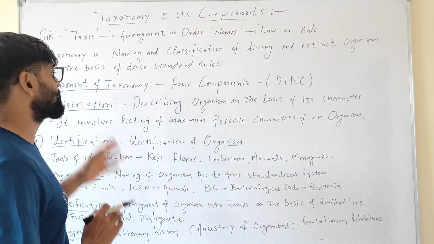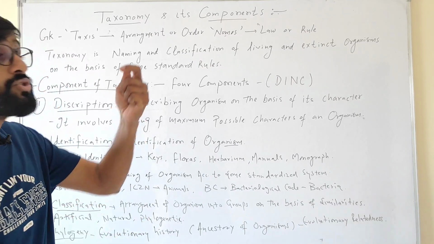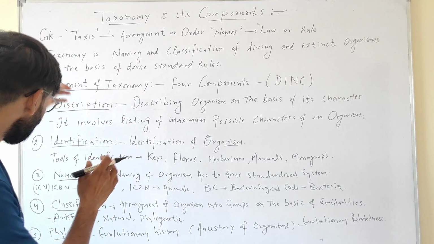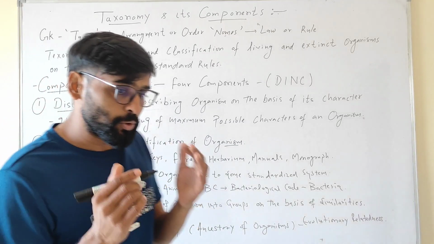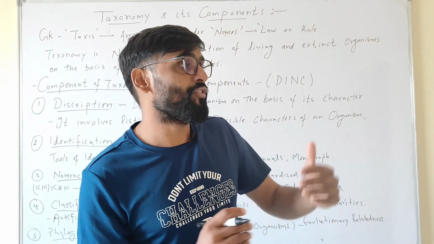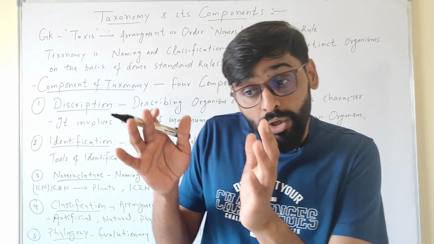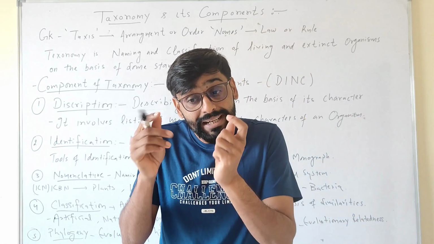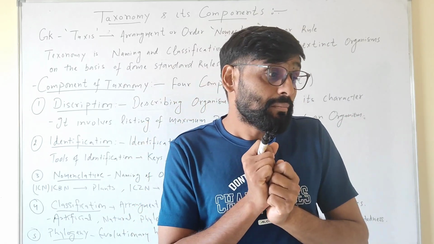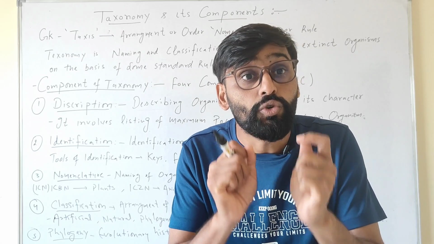First is description. Description is describing the organism on the basis of its characters. So let's understand all these components with an example. Suppose you are a taxonomist walking into a forest, and suddenly you see a plant, and you think that this plant might be new, that is, not discovered yet. So what will you do first?